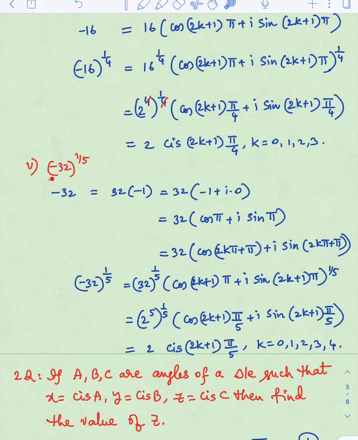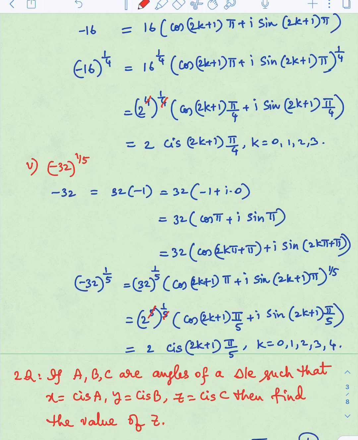Next, fifth root. Here also the same style: minus 32. 32 into minus 1, 32 into cos pi plus i sin pi, and here it is 2k pi plus pi. What is required in the question? Power 1 by 5 is kept, and this 1 by 5 is sent inside.